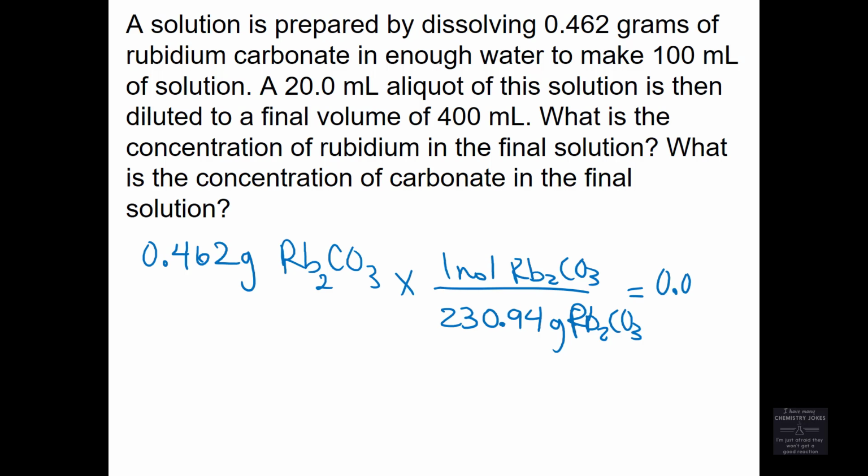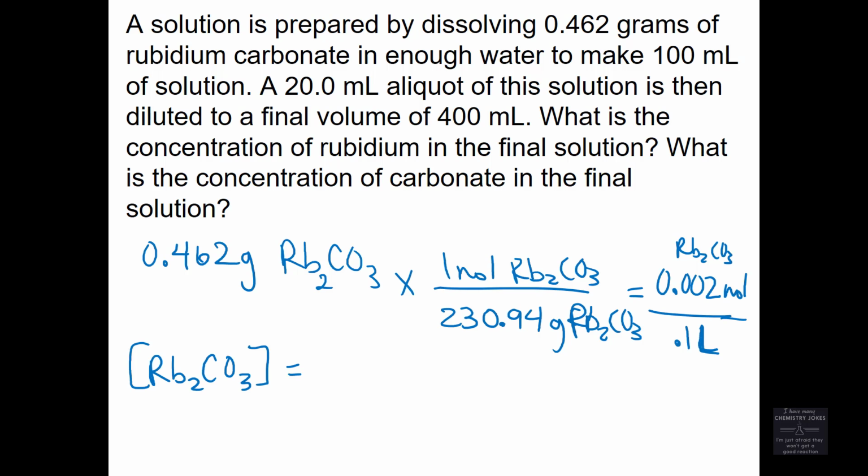I got 0.002 moles rubidium carbonate divided by 0.1 liters, because molarity is moles per liter. The concentration of rubidium carbonate in my initial solution A is 0.02 molar.